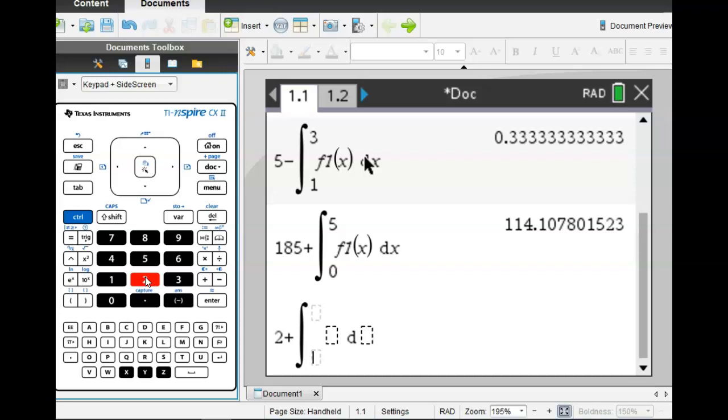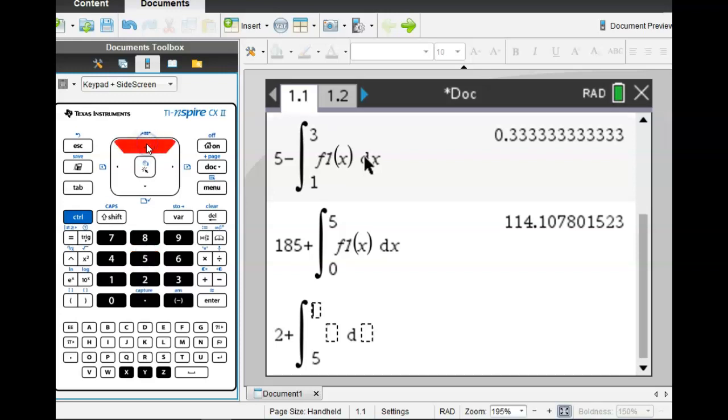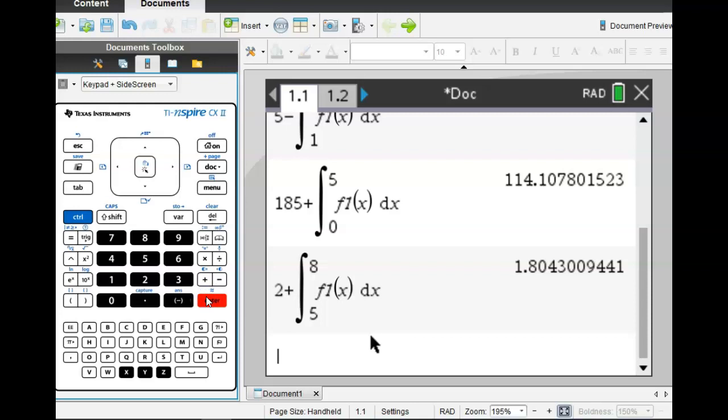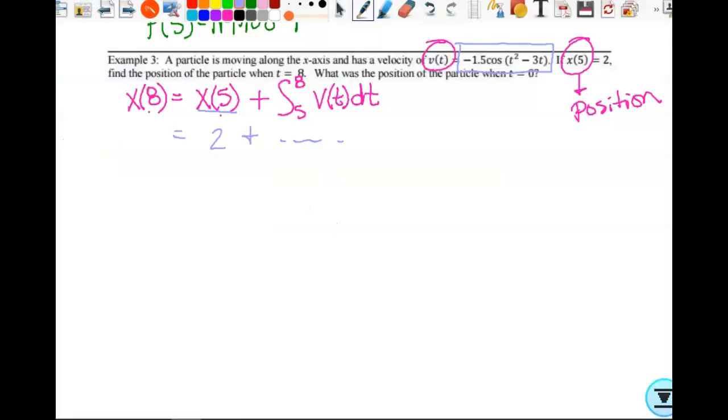I'm going from 5 to 8 of f1 of x dx. 1.804. Yay. So x of 8 is equal to 1.804, and we don't have any units. That's just it. Okay.